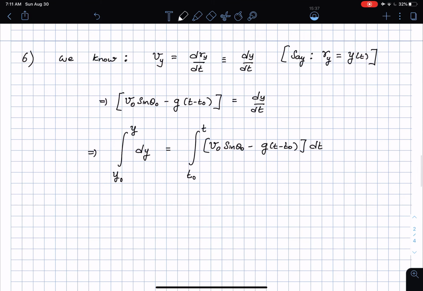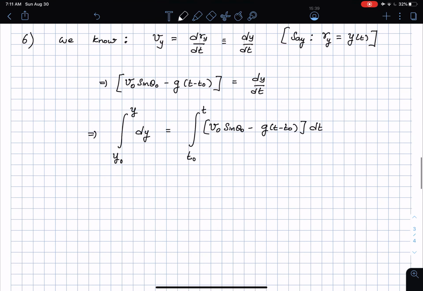I'm once again going to skip the details of the integration. So this will tell me that y is equal to y naught plus V naught sine theta naught times (t minus t naught) minus g by 2 times (t minus t naught) whole squared. This is the expression.